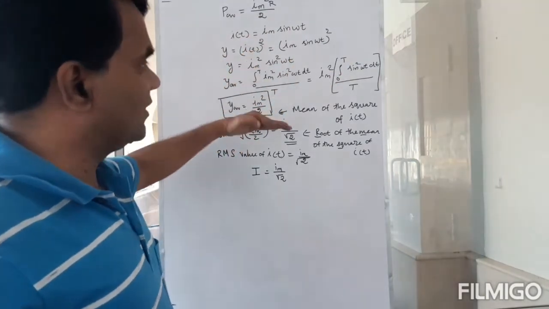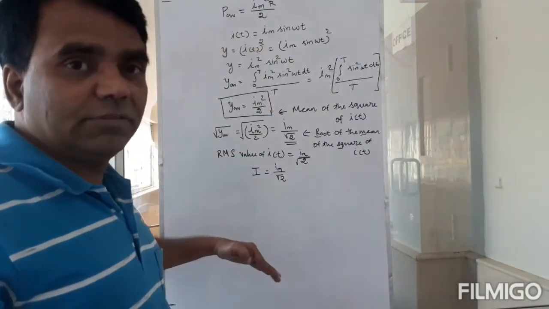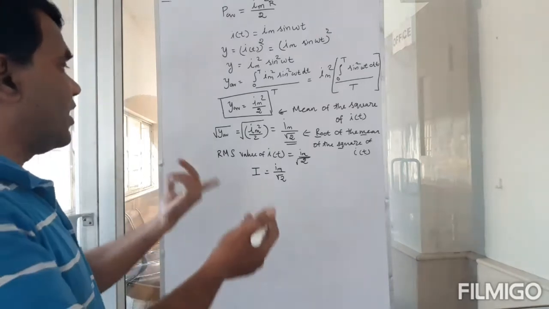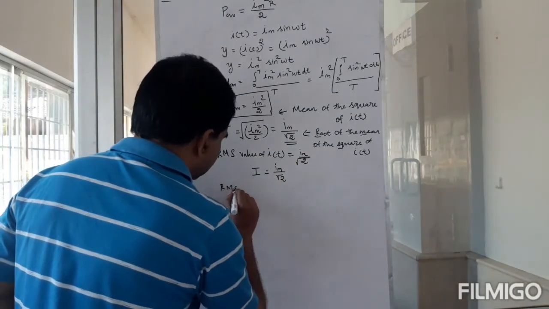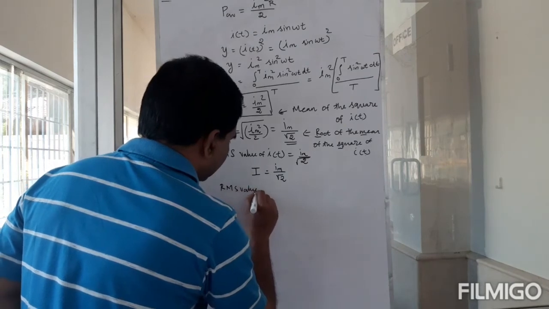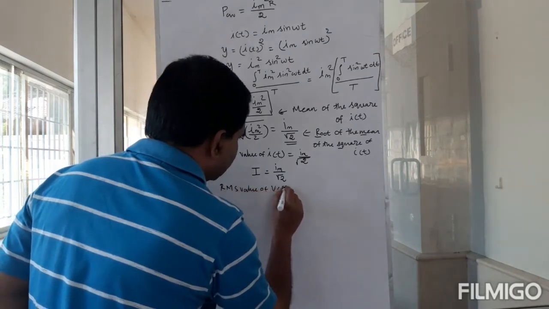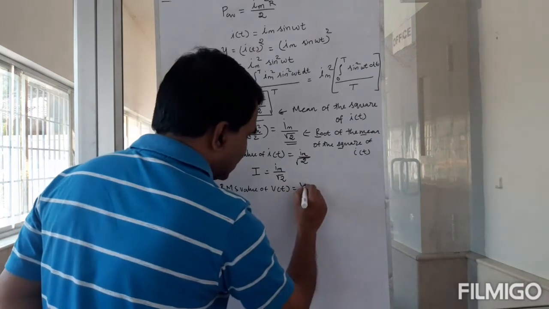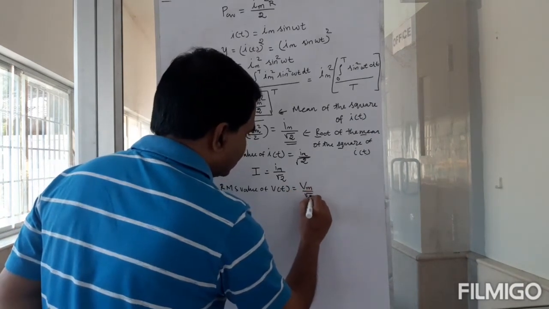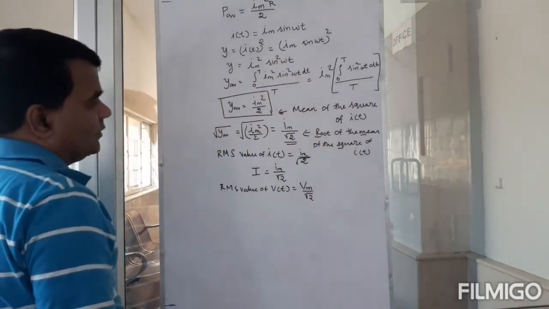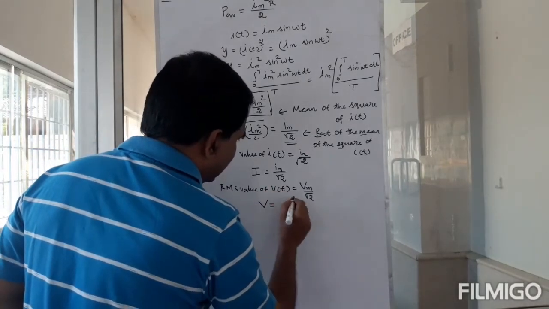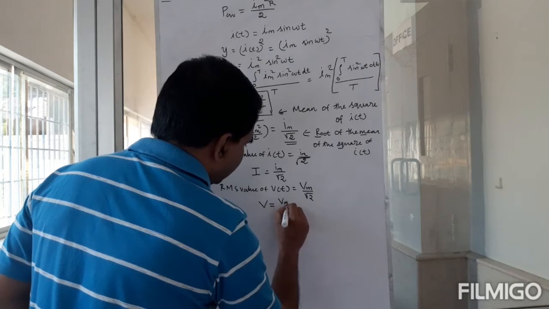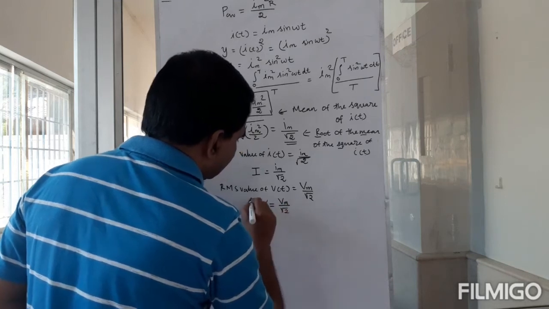If I did the same thing, I would have the RMS value of voltage. The RMS value of V of t will be Vm by root 2. It's easy, you can see that. And that would be capital V. Capital V is equal to Vm by root 2.